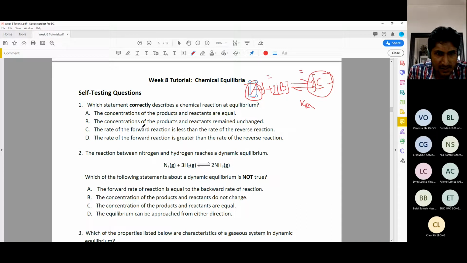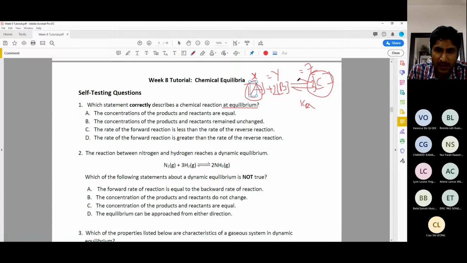Option B says the concentration of the products and reactants remains unchanged. Whatever concentration we started with, the reaction attains X, Y, and Z concentrations at equilibrium.